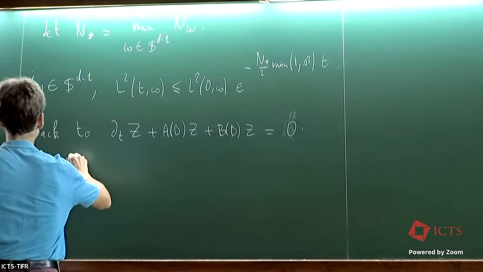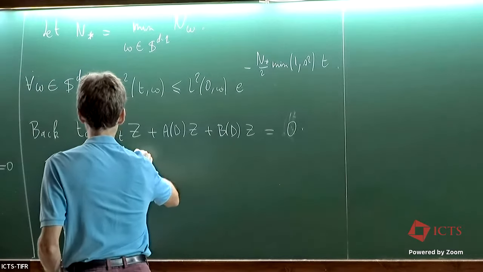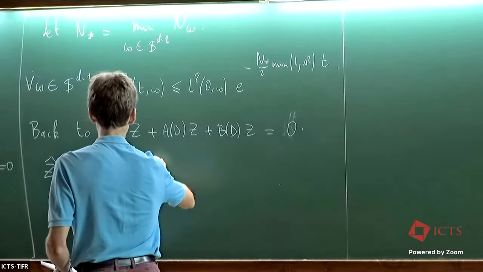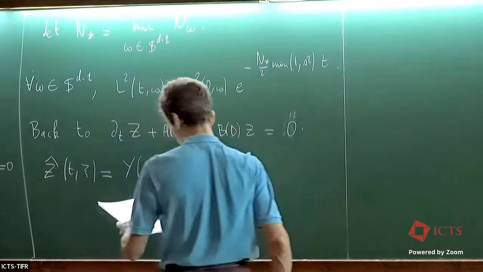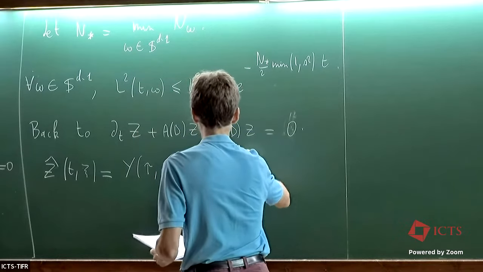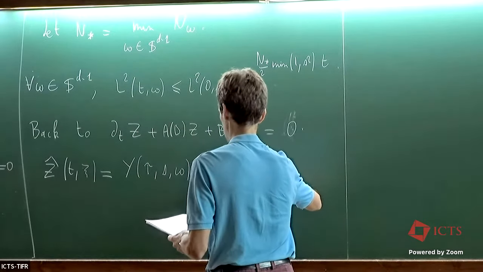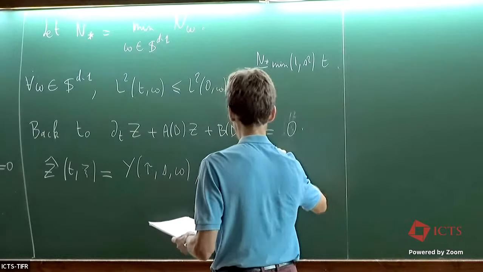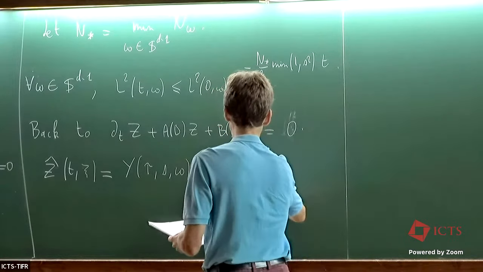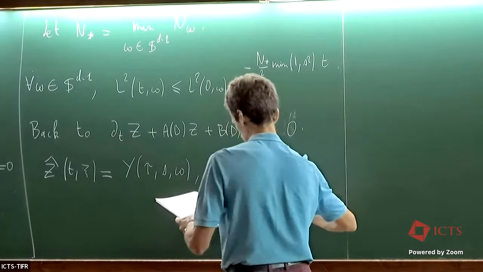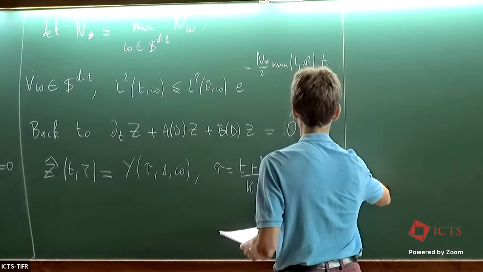So the hat t psi was corresponding to y tau s omega, with the relation tau equals t rho to the beta divided by kappa, and S was R alpha minus beta kappa.